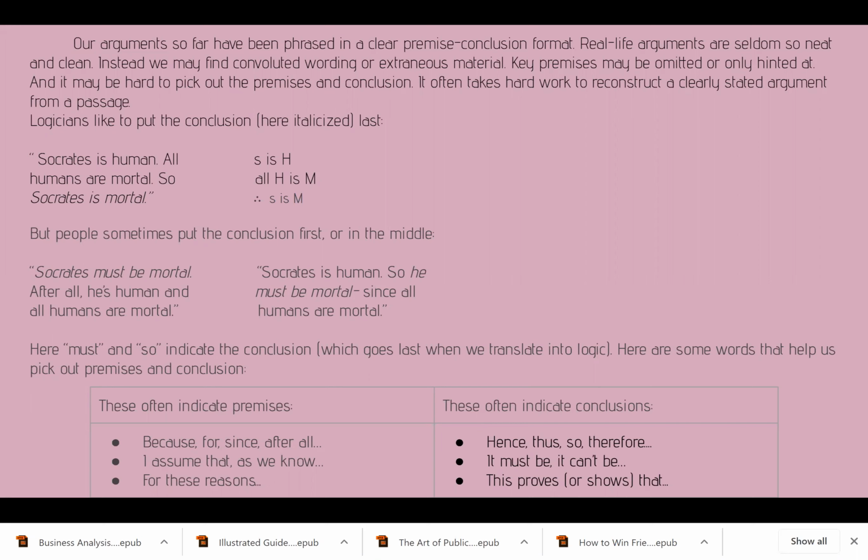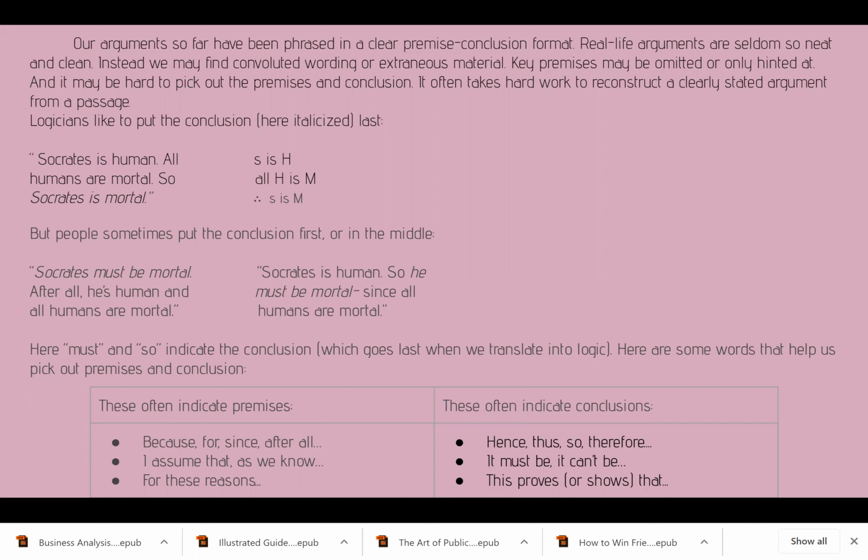Logicians like to put the conclusion, here italicized, last. So we have Socrates is human, all humans are mortal, so Socrates is mortal. That's little s is big H, all big H is big M, therefore little s is big M. But people sometimes put the conclusion first or in the middle.